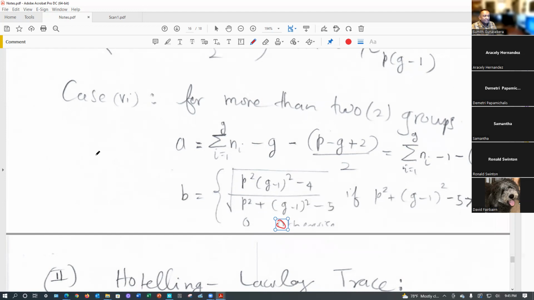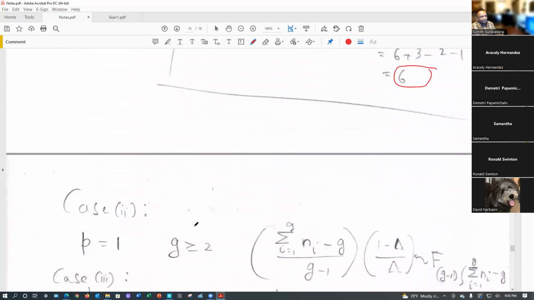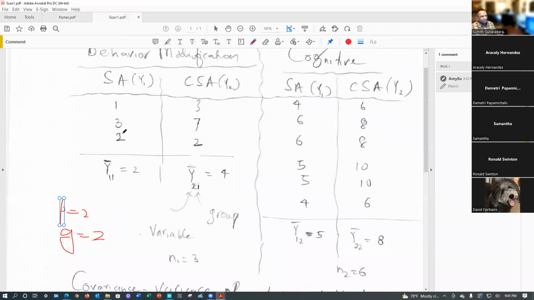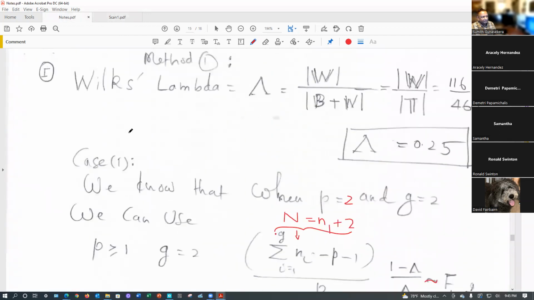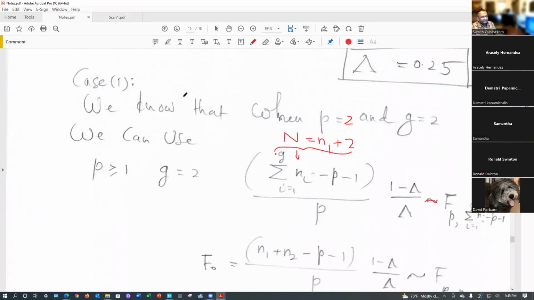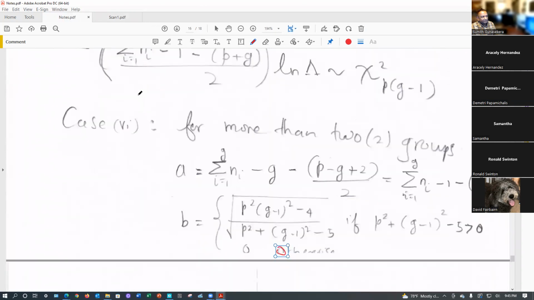That's another one. In the same way, this is everything for Wilks lambda, under method 1: case 1, case 2, case 3, case 4, case 5.